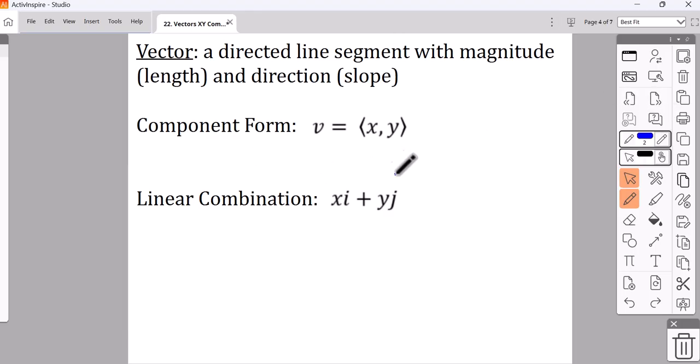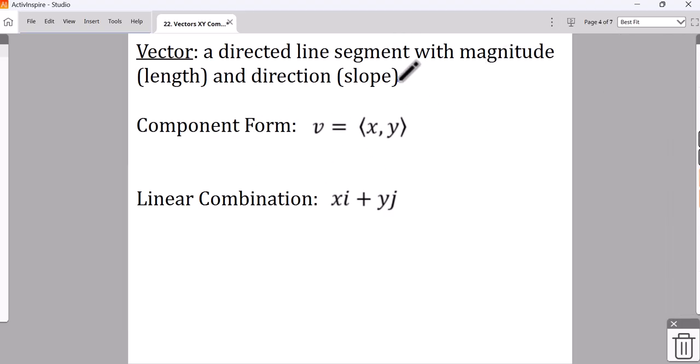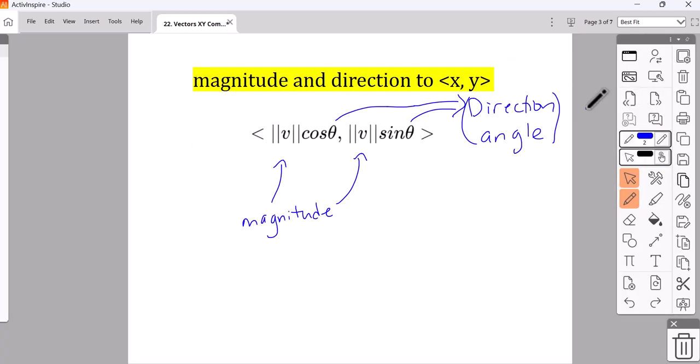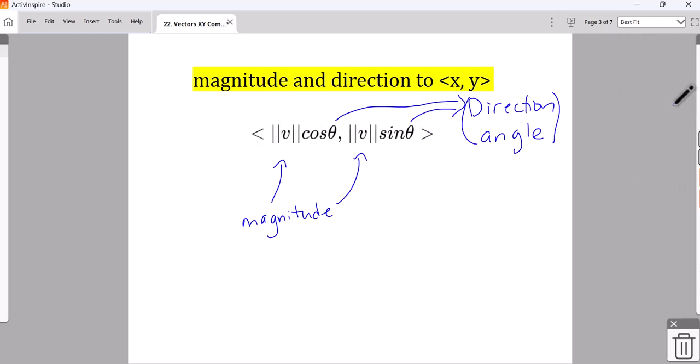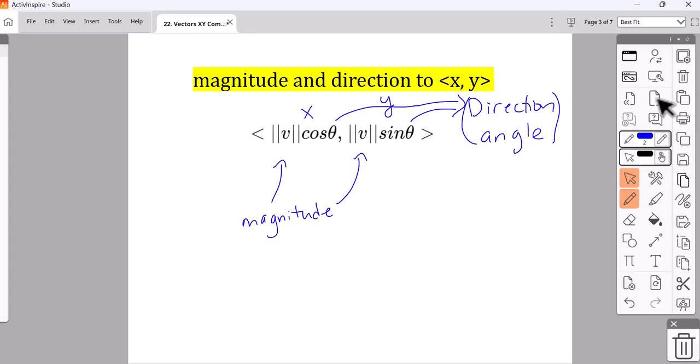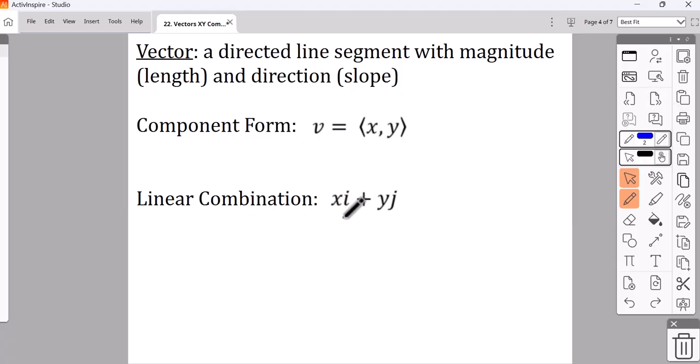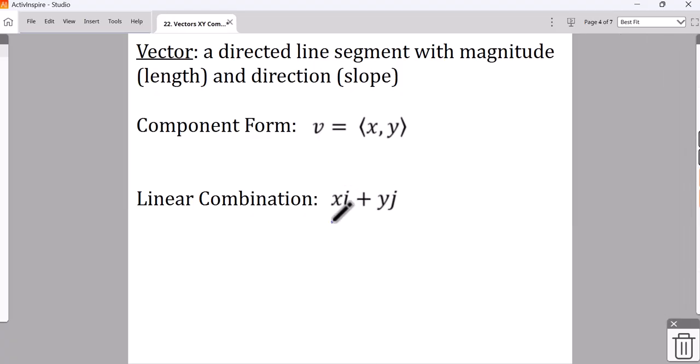Okay, and so we saw this yesterday, that there's a magnitude and a direction. We have component form, which is when we have the triangle brackets on the outside with x and y on the inside, x comma y, just like always. And then you could also write this in linear combination form, which is x i plus y j.